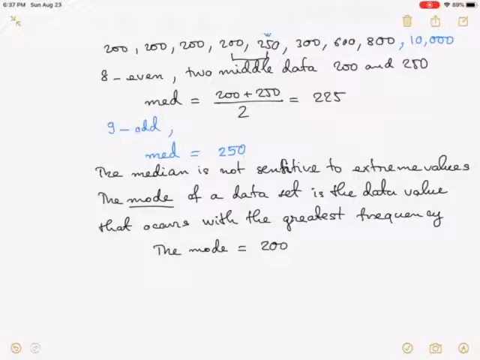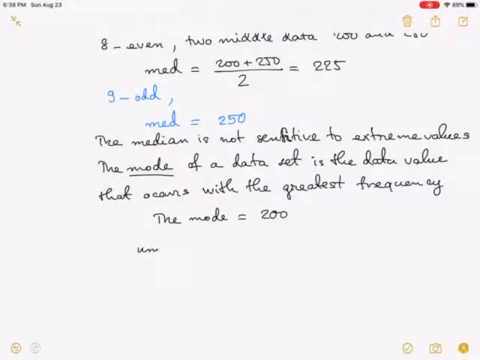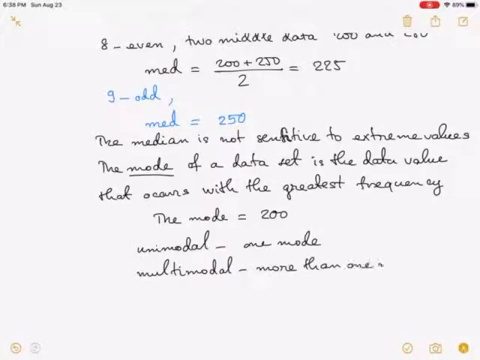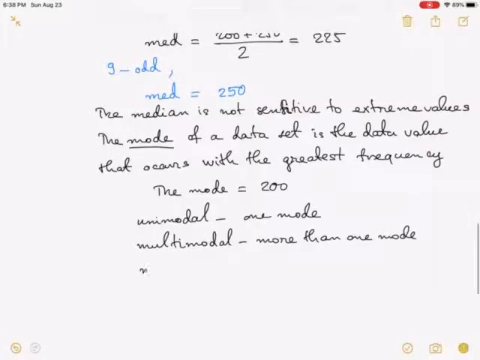Data sets with one mode are unimodal, and data sets with more than one mode are multimodal.